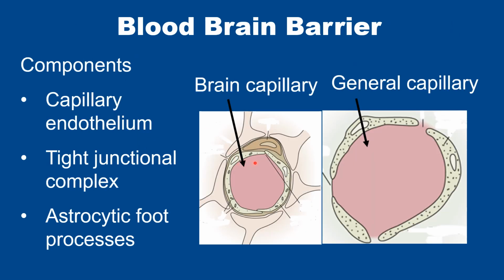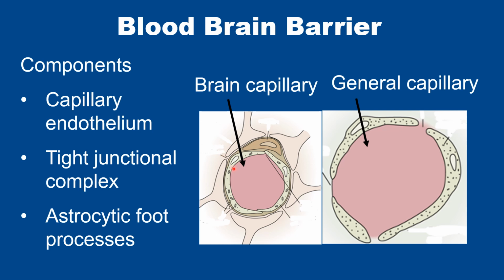The cerebral capillaries are different from the general capillaries. The general capillaries are fenestrated, whereas the cerebral capillaries are continuous capillaries. The capillary endothelium forms tight junctional complexes which do not allow substances to pass from the blood to the brain tissue.